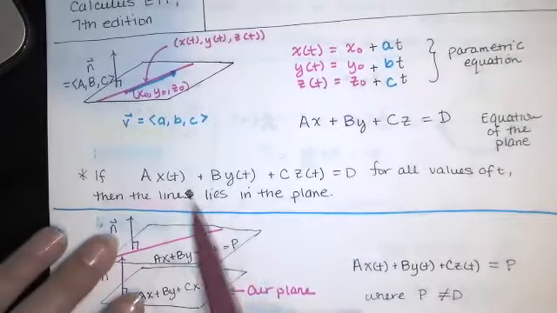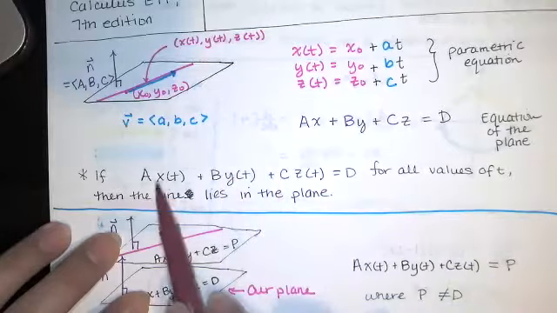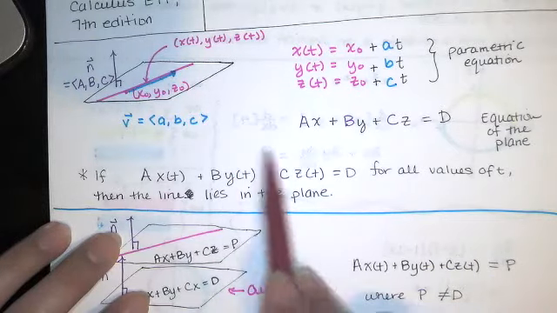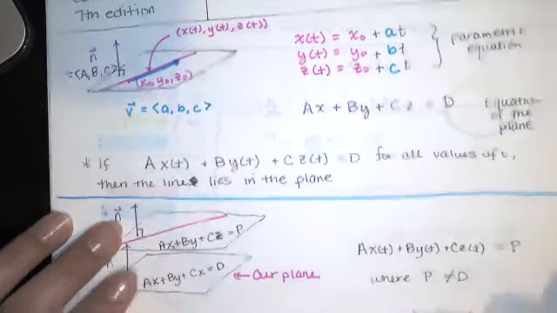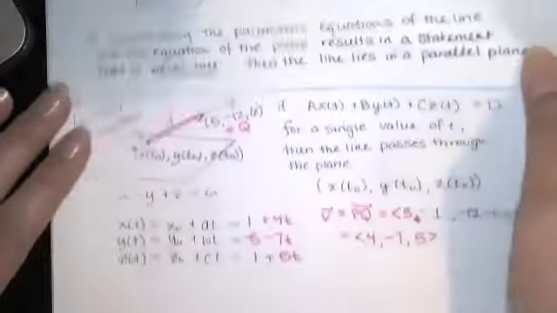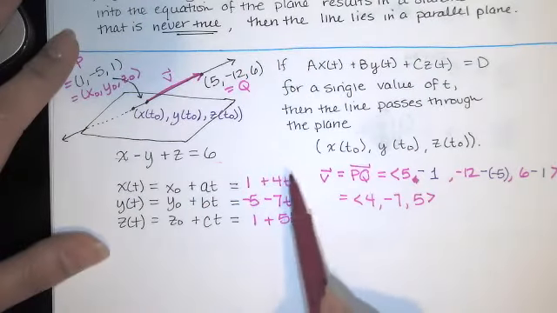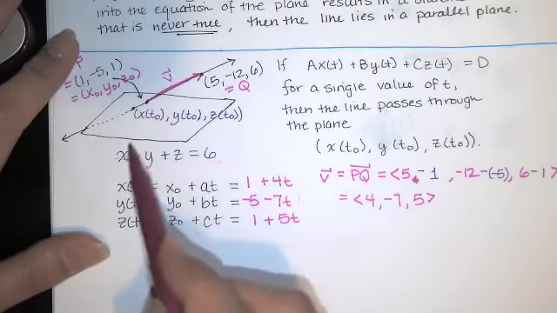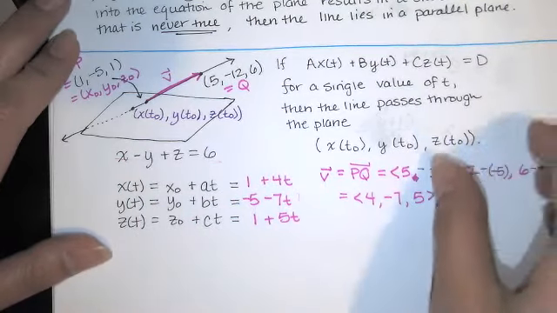Or in theory, that line could actually lie in the plane the entire time. Then this would be true. We'd get d equals d. This would be satisfied for all values of t. But based on the problem statement, we know we're dealing with this case. So we're going to substitute these into this equation, and we're going to solve for t. Easy breezy.